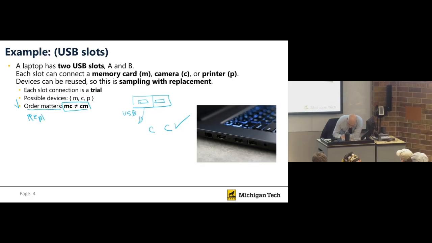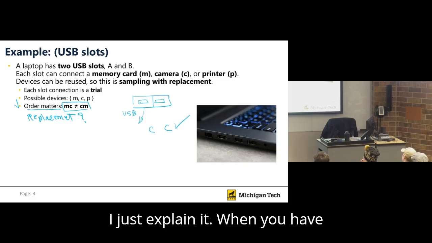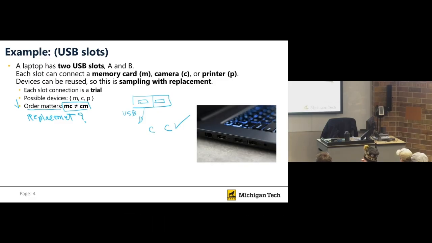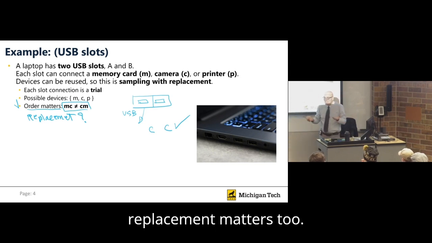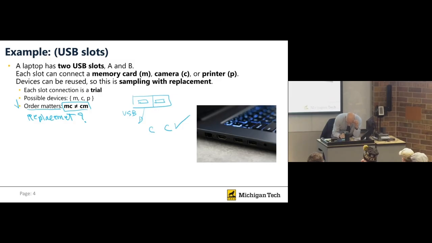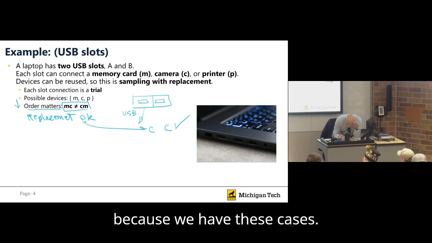Replacement. What about replacement? I just explained it. When you have C and C or M and M, you can replace it. So replacement matters too. Replacement is okay because we have these cases.